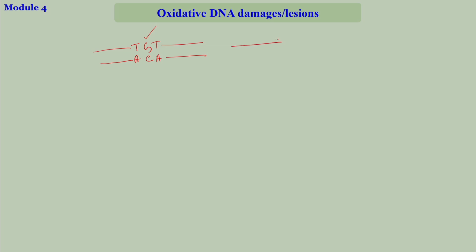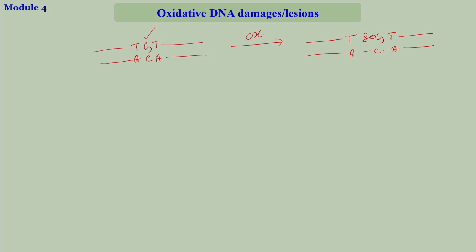Now, it undergoes oxidation and this forms T. Now, I call it HOG instead of G, another T, this. You still have your A, C, A in the counter strand.